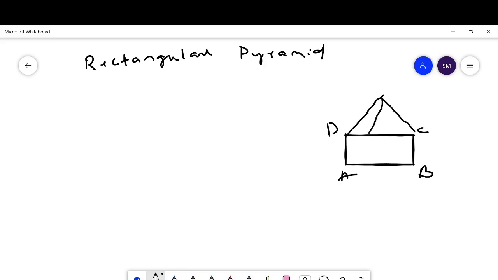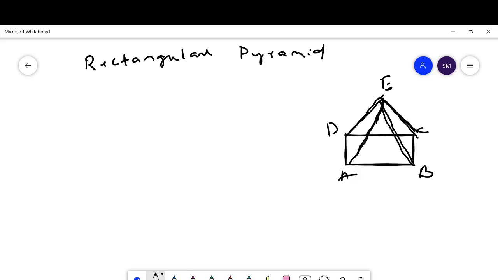All these vertices are joined to the point E. It is called a rectangular base pyramid, with the same properties as the square pyramid.